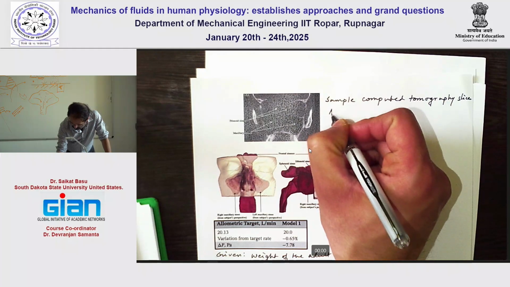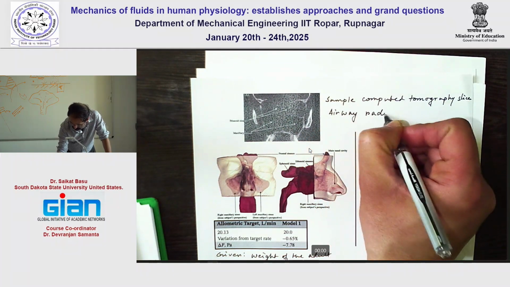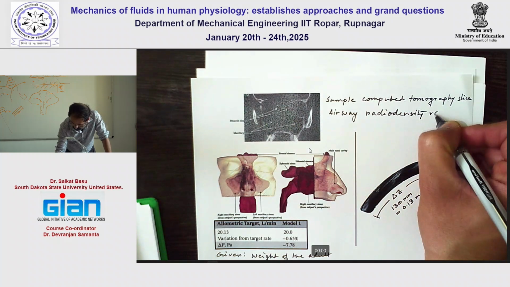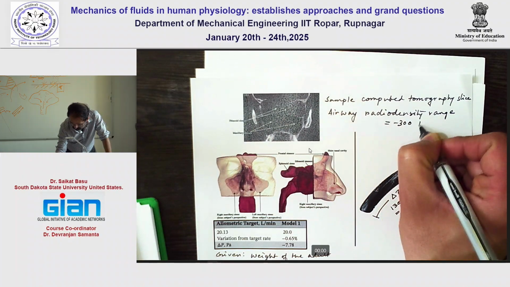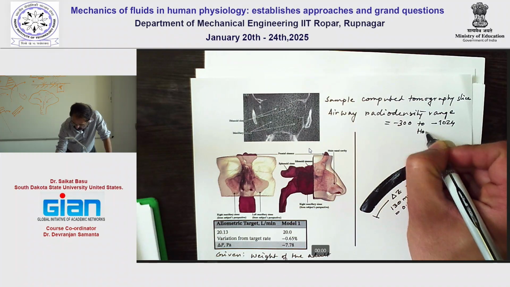So the airway radio density range is between negative 300 to negative 1024 Hounsfield units.